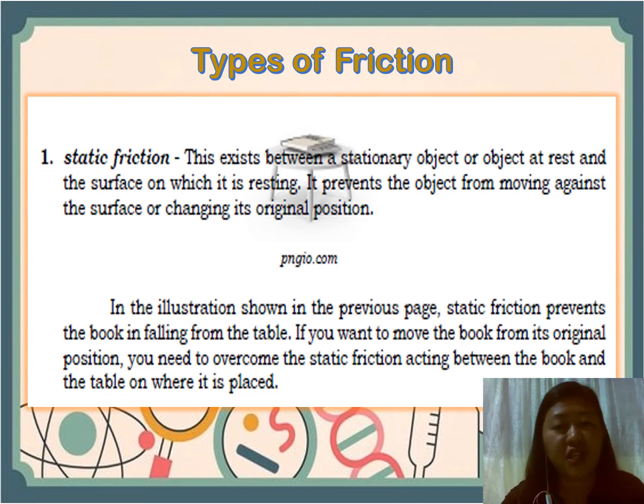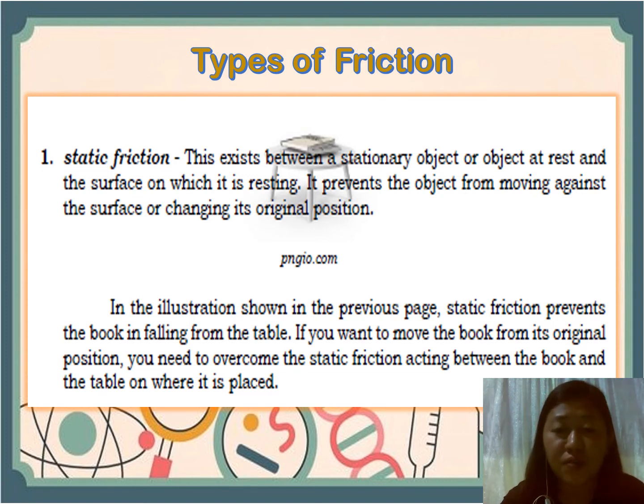Now, in the illustration shown on this page, static friction prevents the book from falling from the table. It is the reason the book does not fall. Static friction is the reason the book does not fall from the table.